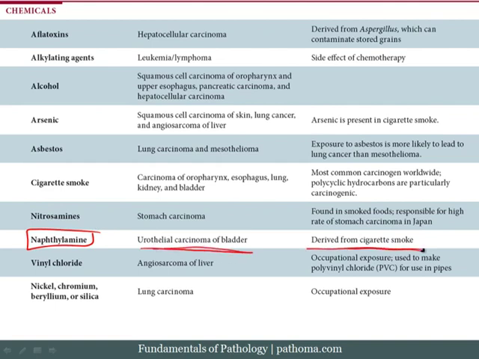So again, the same concept here: cigarette smoke contains multiple carcinogenic agents, and the key ones you should be familiar with are polycyclic hydrocarbons and arsenic, creating squamous cell carcinoma of the lung, and then naphthylamines related to urothelial carcinoma of the bladder.